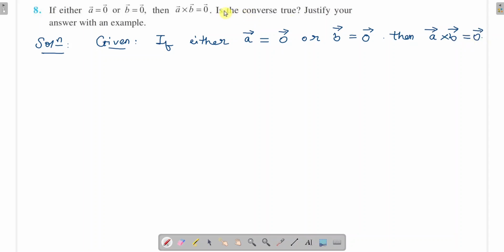So they are asking us, is the converse true? That means the reverse of this statement is true. They are asking us. Okay, so let us see what is the converse of the statement which is given.